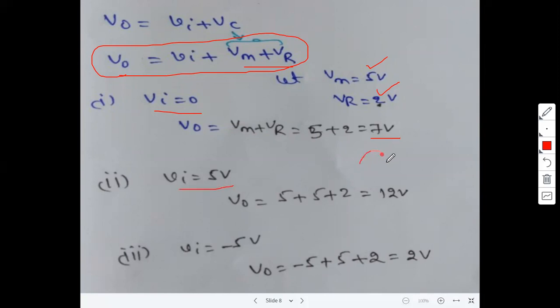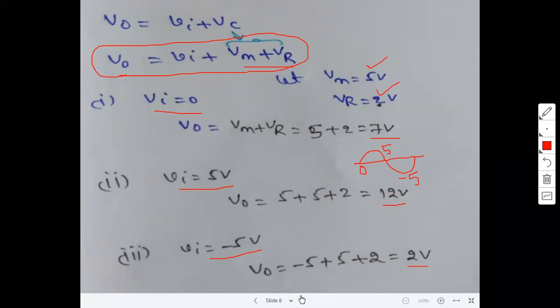For any clamper circuit there are only 3 cases: one is at 0, the second is at the positive peak, whether 5 or 10 or whatever, and the third case is minus 5 volts. When Vi is equal to 0, V naught is equal to 7 volts. When Vi is equal to 5 volts, V naught is equal to 12 volts: 5 plus 5 plus 2 is 12 volts. When Vi is equal to minus 5 volts, the output is equal to 2 volts.